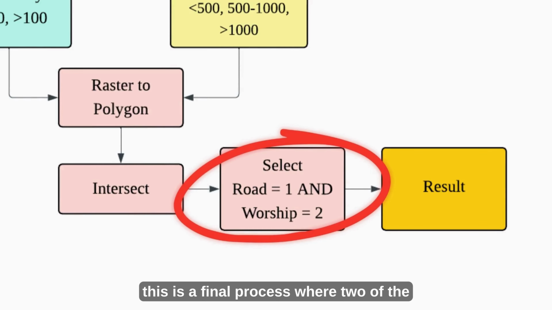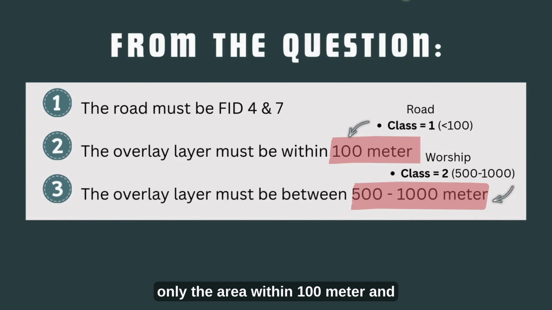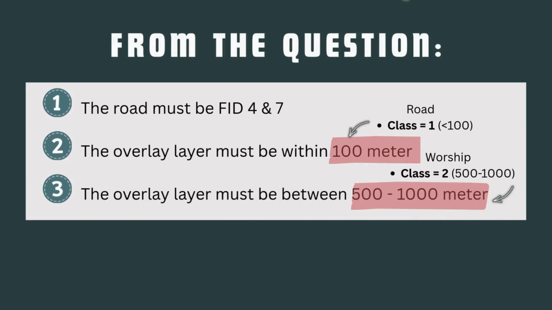This is the final process where two of the overlay layers will be combined and produce only the area within 100 meters and 500 to 1000 meters, as stated in the question.